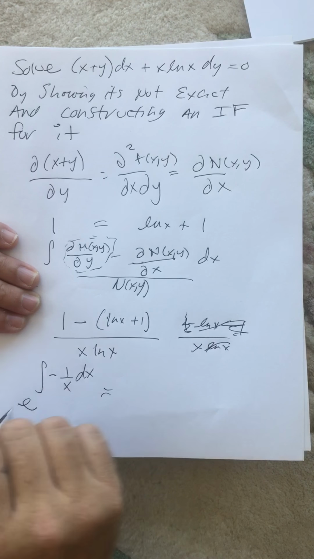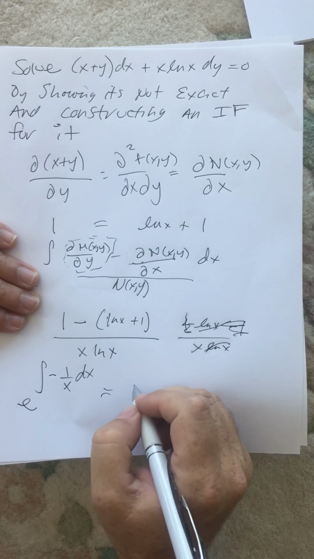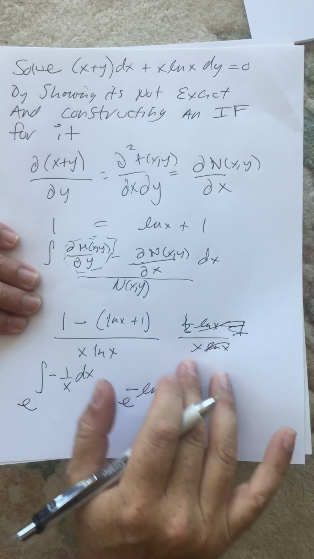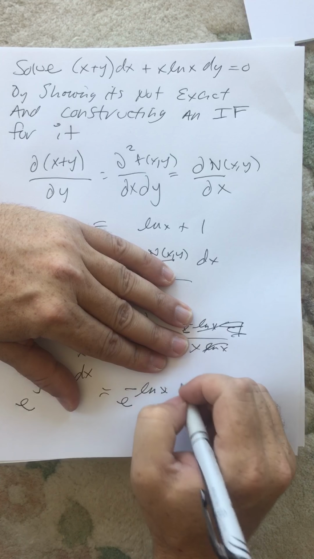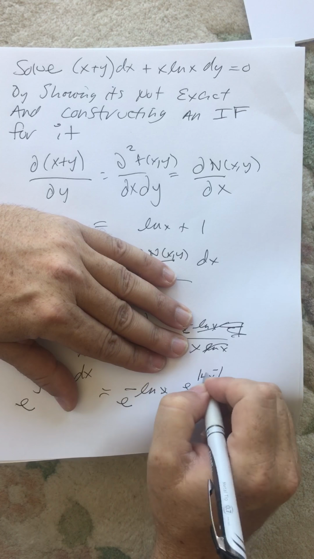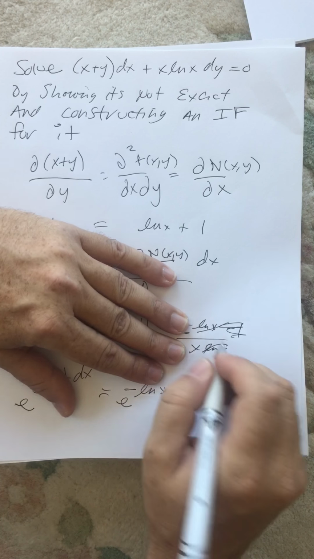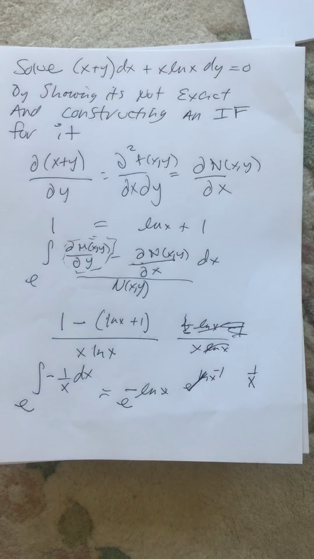So what is that going to equal? This is your integrating factor we're figuring out. This is going to equal e raised to the negative log x, which equals e to the log x to the negative 1. These are inverse functions, they cancel out. So it is 1 over x. That's your integrating factor, 1 over x.